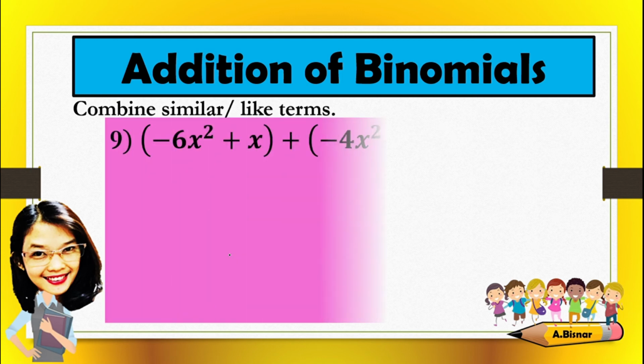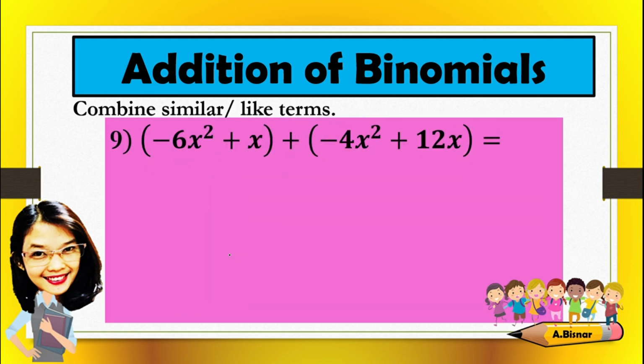For number 9, negative 6x squared plus x plus negative 4x squared plus 12x. Again, you have to align similar terms. So you have here negative 6x squared plus x. And you have to add it to negative 4x squared plus 12x.